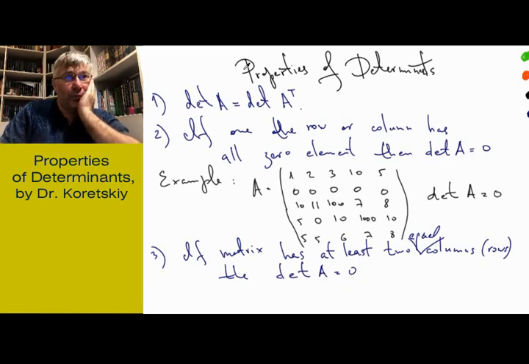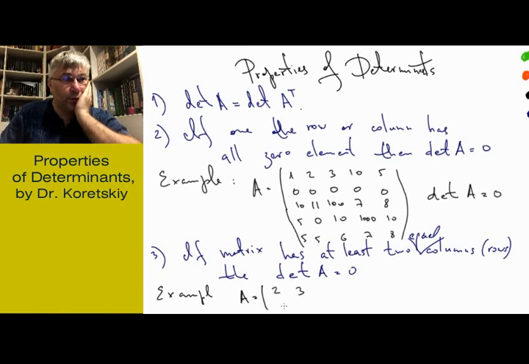So we have here also one example. I give you a very easy matrix. A equals, for example, 2 3 2 3. You can see that the first row is equal to the second row. Determinant of this matrix, you know that we can use cross rule.